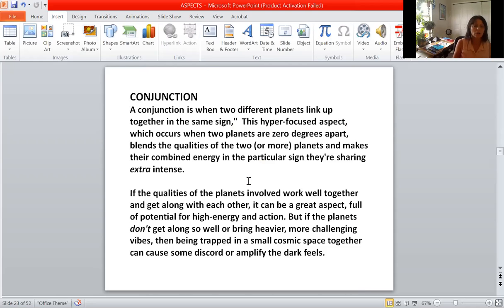But there's more. A conjunction is when two different planets link together in the same sign. Or it could be like the very tail end of one and the very beginning of another. If you have something at 29 degrees, let's take Trump.